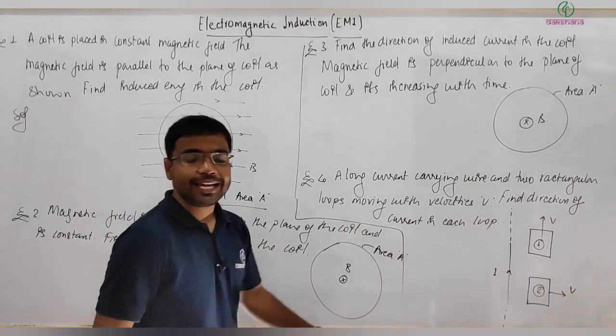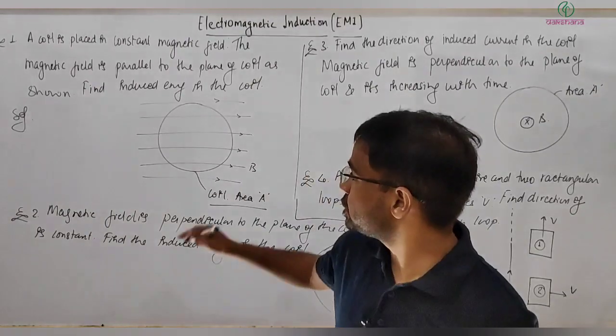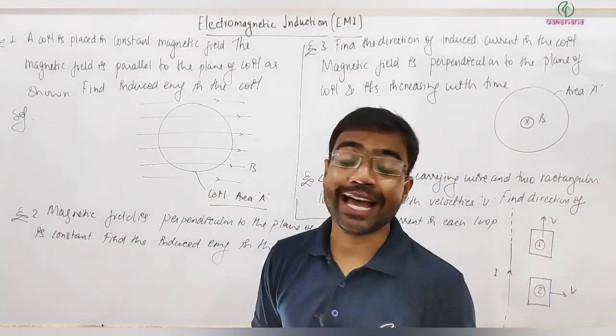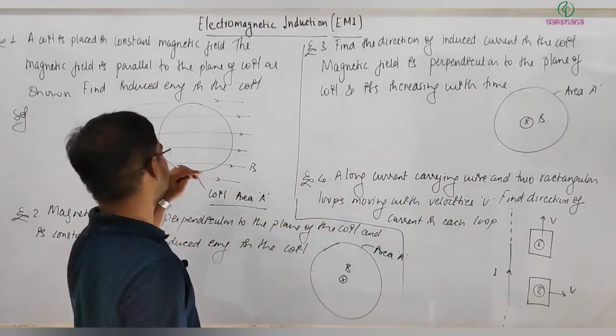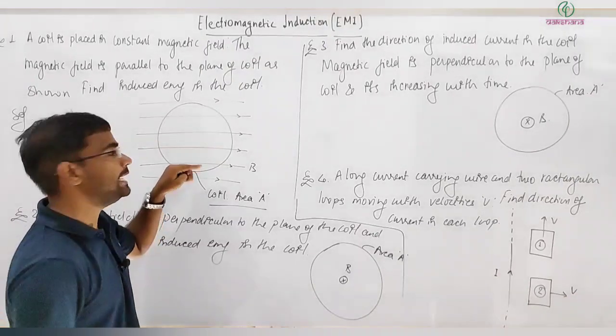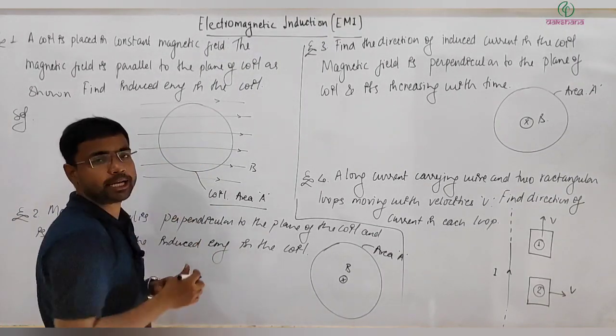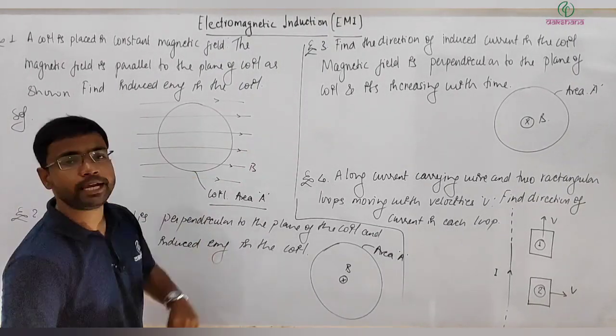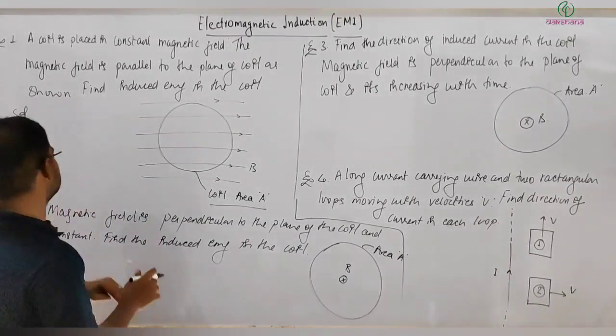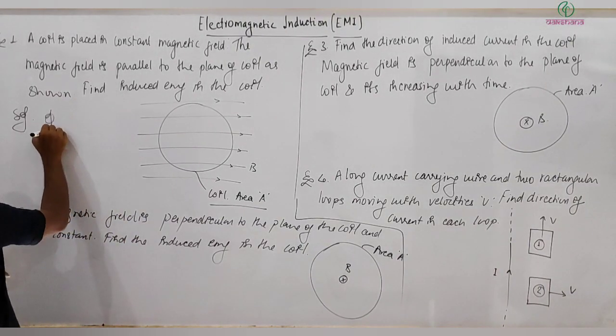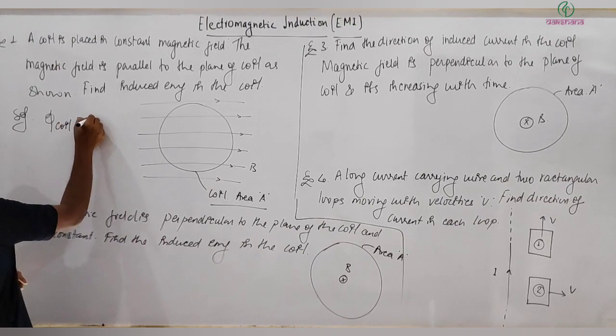You can see what is the magnetic flux through this coil, and the answer is 0, right? Because no magnetic field line is crossing this plane. They are in the plane of the coil. So you can write here phi through the coil is 0.